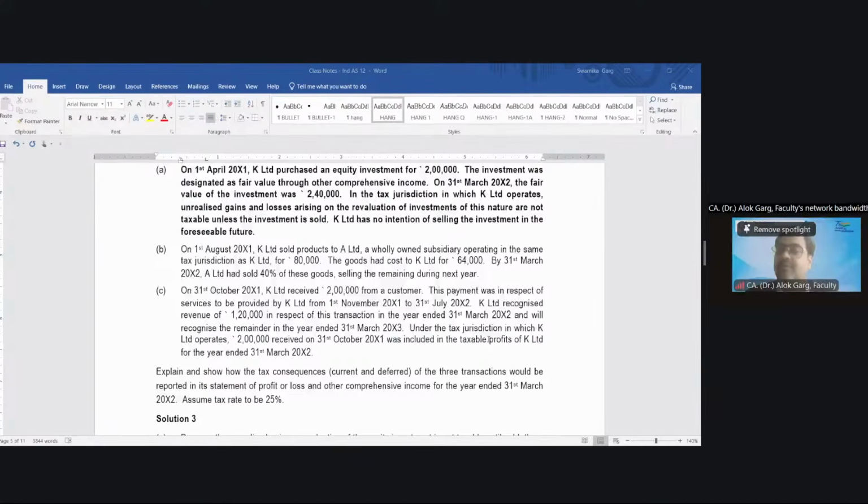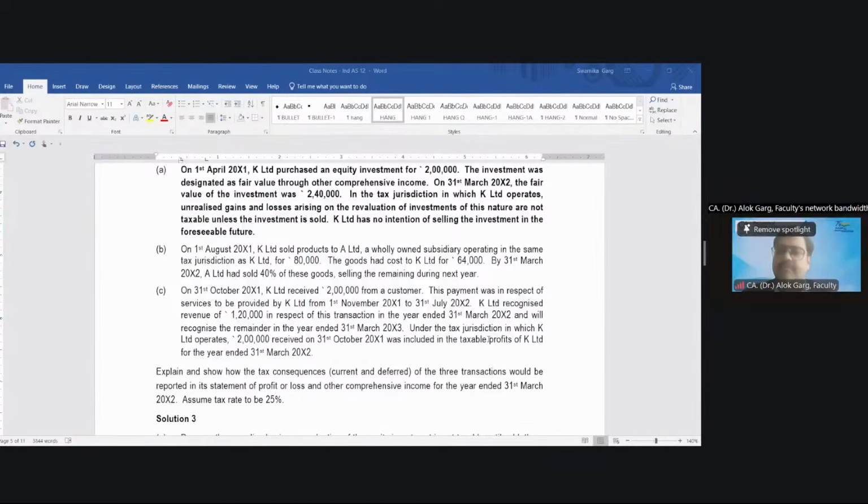So 25,600 worth of goods have been sold to the third party. How much is the value of inventory still lying in the balance sheet? 64,000 multiplied by 60%, or 64,000 minus 25,600. So 38,400, right?